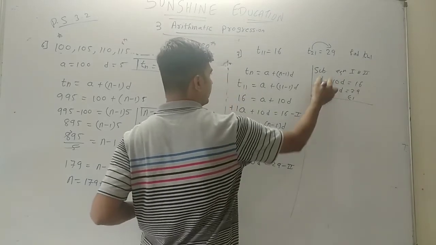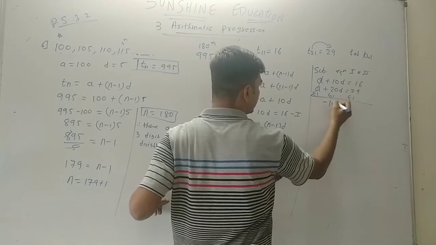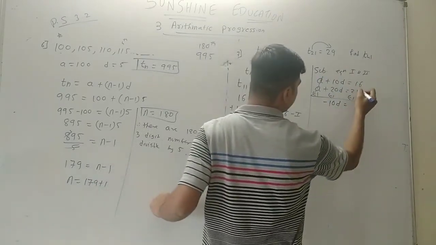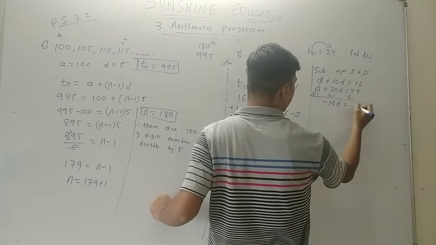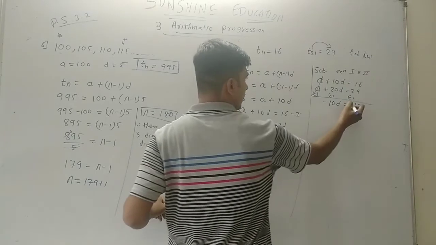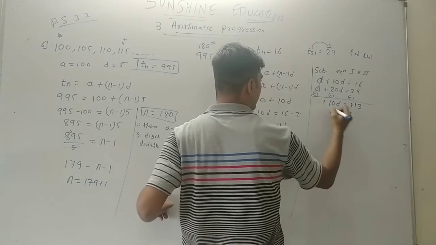Signs get changed. a minus a gets 0. So 10 minus 20 is minus 10, and 16 minus 29 is minus 13. So it is minus 13 because 29 is having minus 10 now. Minus signs will get cancelled. d is equal to 13 upon 10.